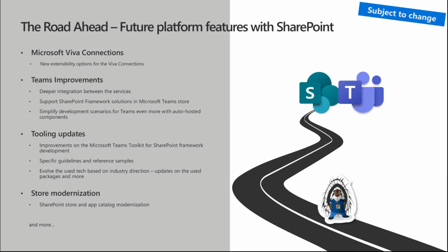Teams improvements are a big priority for us as well. So we want to make sure that the SharePoint Framework is the easiest way to build enterprise solutions for Microsoft Teams. And it is already that today, because you don't need any external hosting. You just write your solution and host it directly from SharePoint, even though you would be exposing that directly in Teams. So we're investing heavily there as well.